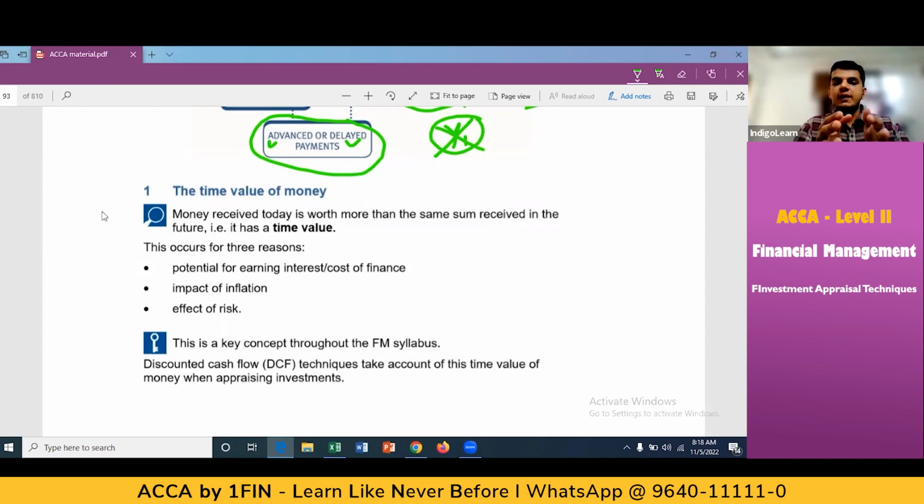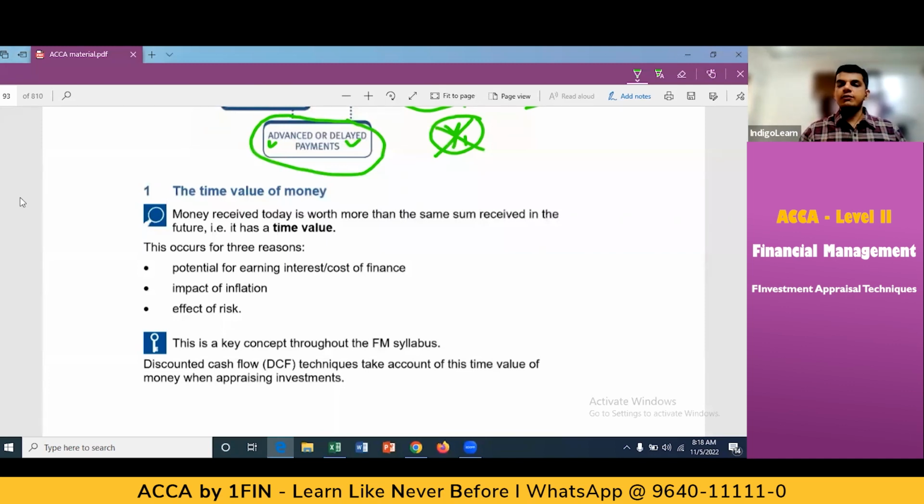It's a saying, a bird in hand is always better than one in the bush. Similarly, if you can receive an amount right now, immediately, then it is always better than receiving the amount later over a period of time. How to justify this statement is the time value of money.